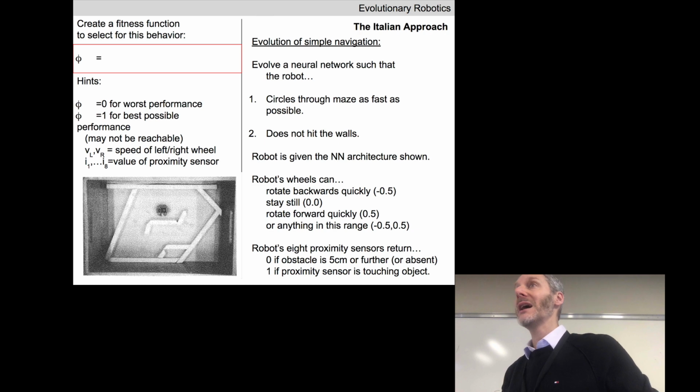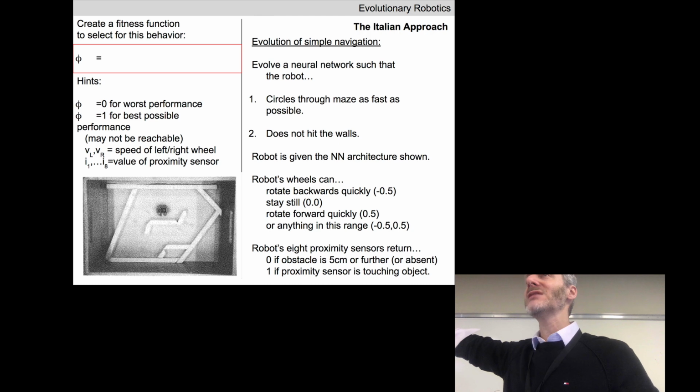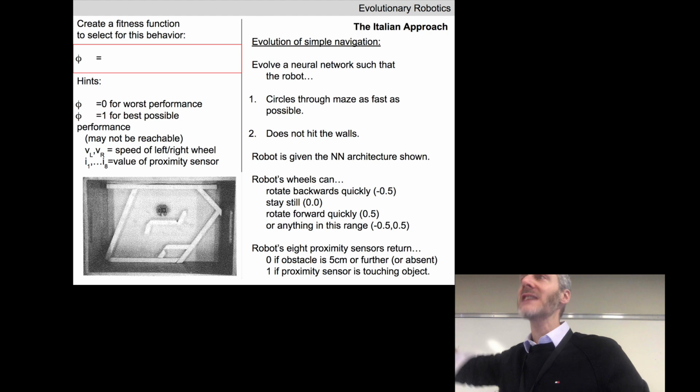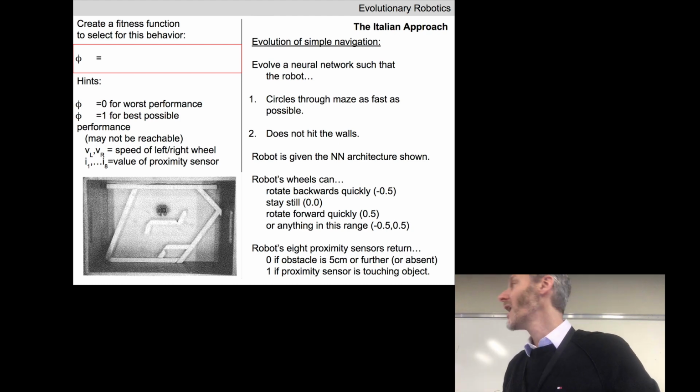So how are you going to combine VL and VR? For our purposes, let's simplify this, and let's imagine that VL is the average speed of the left wheel for 10 seconds, let's say, in the maze. We would probably write this as V sub LT, where the T index would be the value of the velocity of the left wheel at time T. We're going to just simplify things here and assume that we got 10 numbers, and they're the mean values of those 10 variables over a 10-second period, let's say.